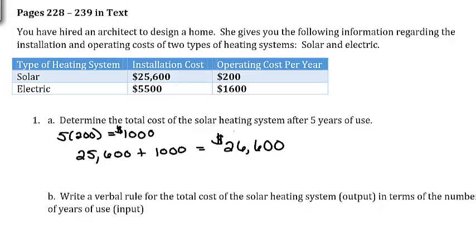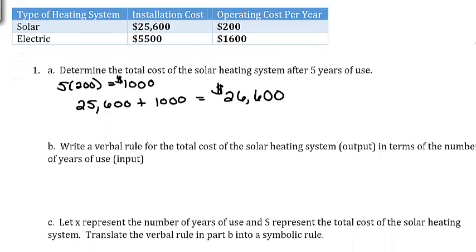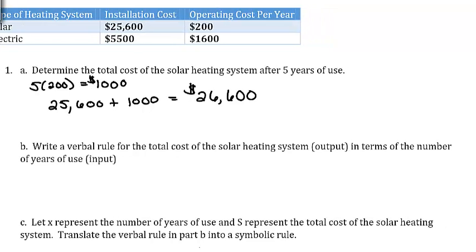Write a verbal rule for the total cost of the solar heating system, or the output, in terms of the number of years in use, or the input.